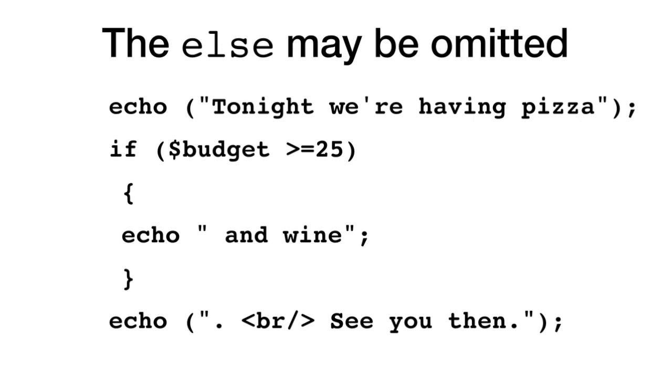We'll say "tonight we're having pizza, see you then", or it'll say "tonight we're having pizza and wine, see you then". Whether we have the wine or not will depend on the value of budget. If budget greater than 25 turns out to be true, then wine will be put in there. If it turns out to be false, well then nothing happens, and we go straight to "see you then".